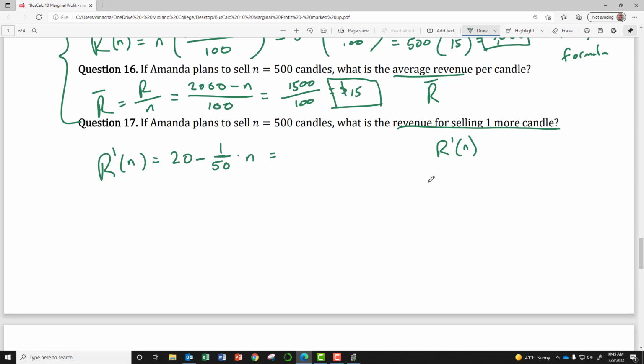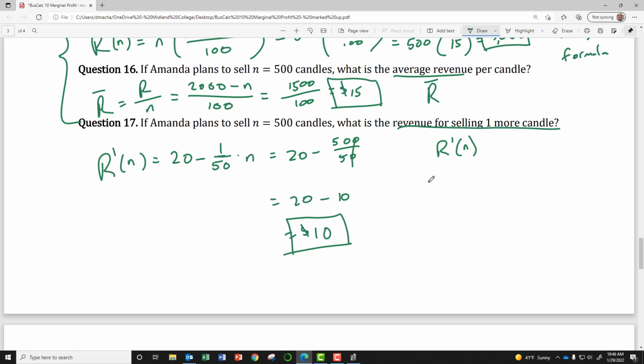And the marginal revenue for selling one more candle after 500 candles should be lower than the average, but just by a little bit. And so we've got 20 minus 500 over 50. So that would be 20 minus 10, which would be 10. So the marginal revenue should be $10. Yeah, so if I want to motivate a customer to buy one more candle, that means I have to lower the price, just a little bit.